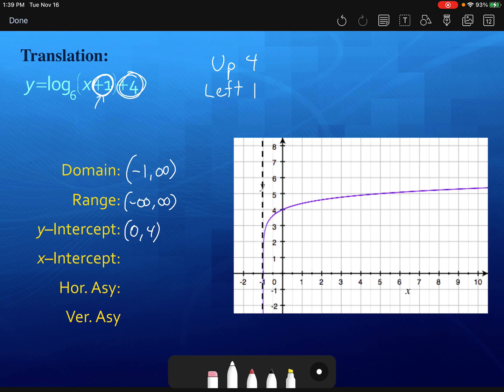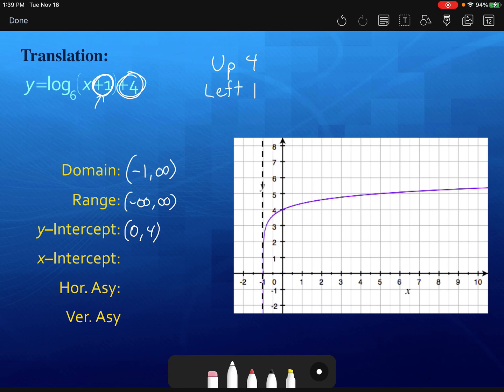The x-intercept, oh boy, we didn't find that, did we? So let me see if I can scroll down here and find it. Where is x, 0? Oh boy, that's a tough one. Can't do it on my calculator as far as the table goes.